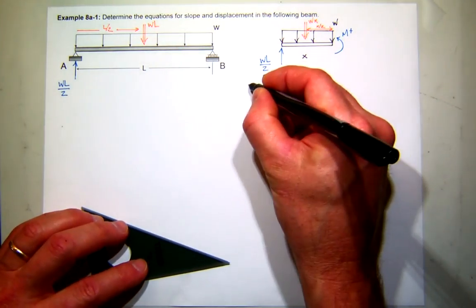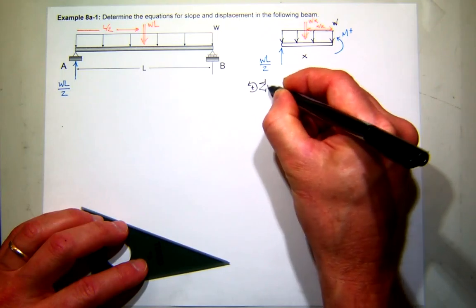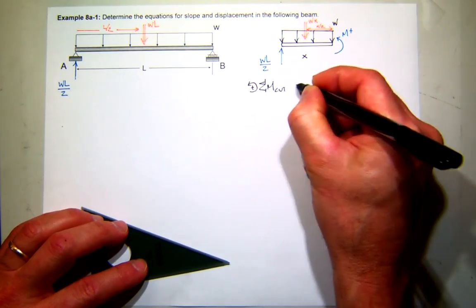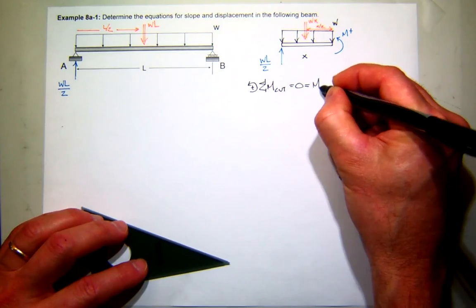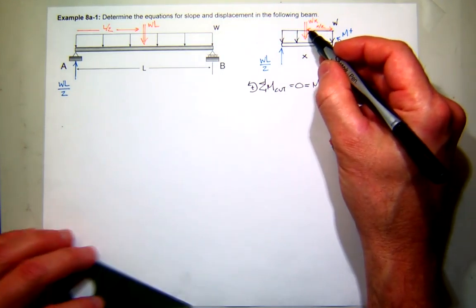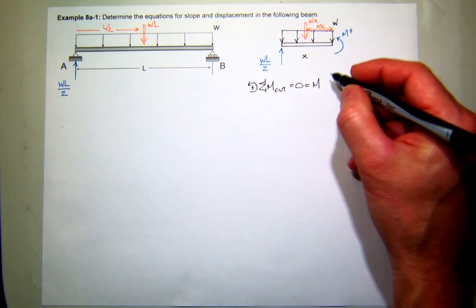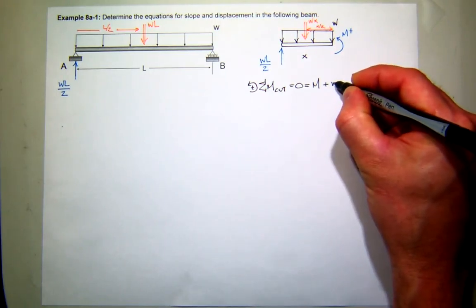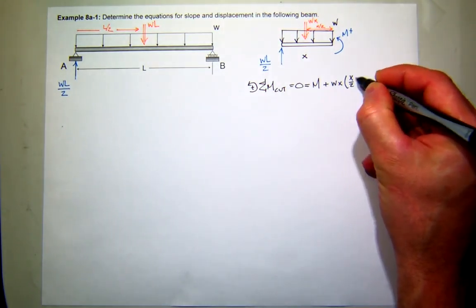So now I just sum moments about the cut, and I should be able to find a moment expression. Assuming right-hand rule for my sign convention, the internal moment is positive. The concentrated equivalent for this section of the distributed load is also a positive moment. So the force is Wx, the moment arm is x over 2.